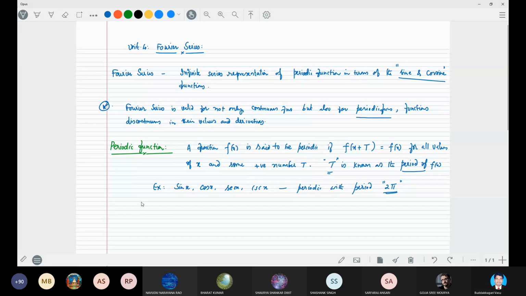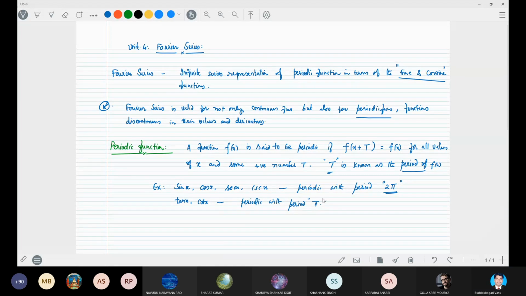Whereas tan x, cot x, etc., are also periodic, with period pi. That you know here.